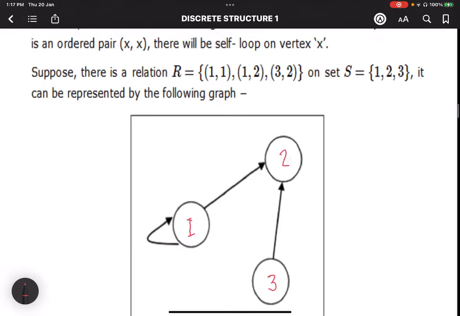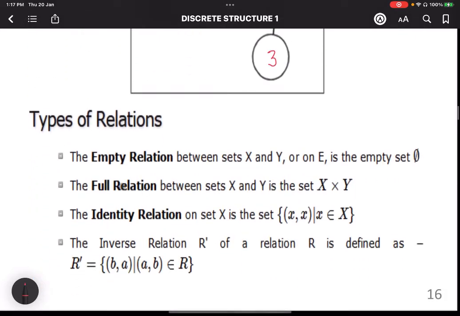For the case of 1 and 2, this one means 1 to 2, from 1, the edge goes to 2, and from 3, the edge goes to 2. Okay? So the x is always away from the arrow, and the y value is always the direction of the arrow.